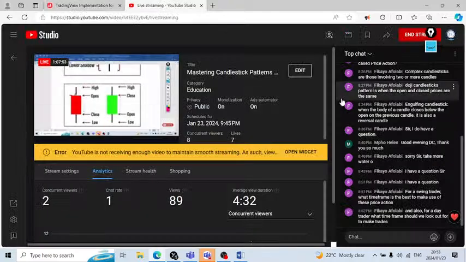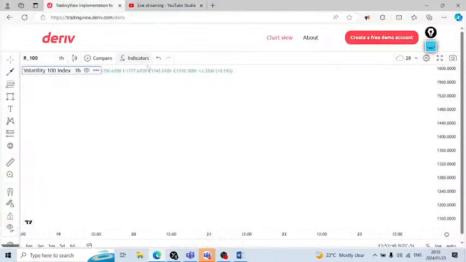And also for a day trader, what time frame should we look out for to make trades? You just have to be careful now. If you're a day trader, identify these candlestick patterns on your 15-minute time frame, depending on the asset. If it's Boom and Crash, it becomes tricky.